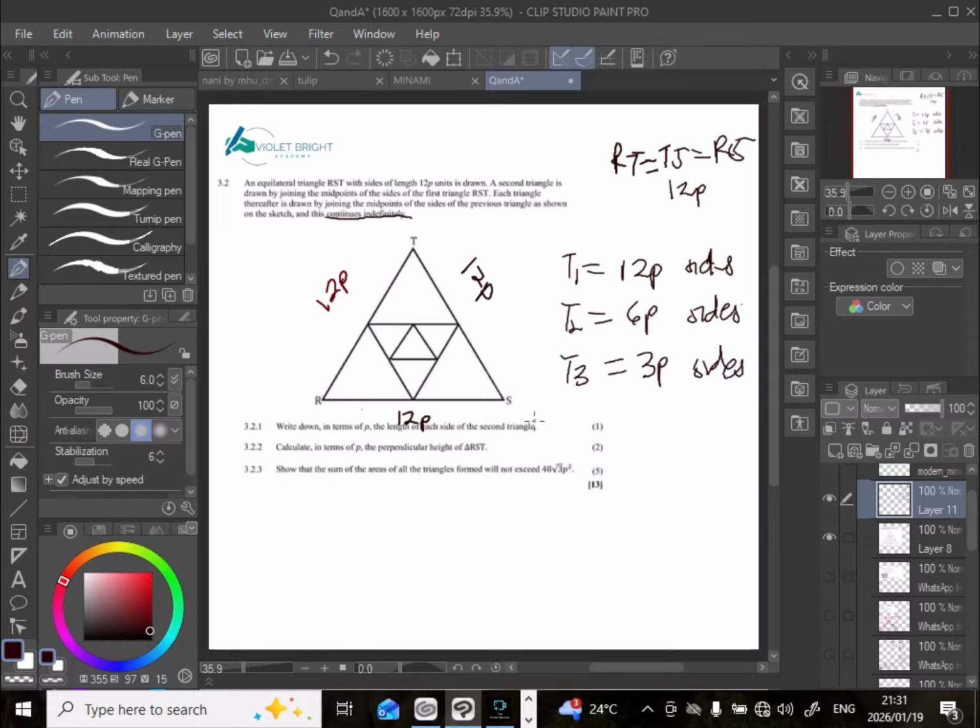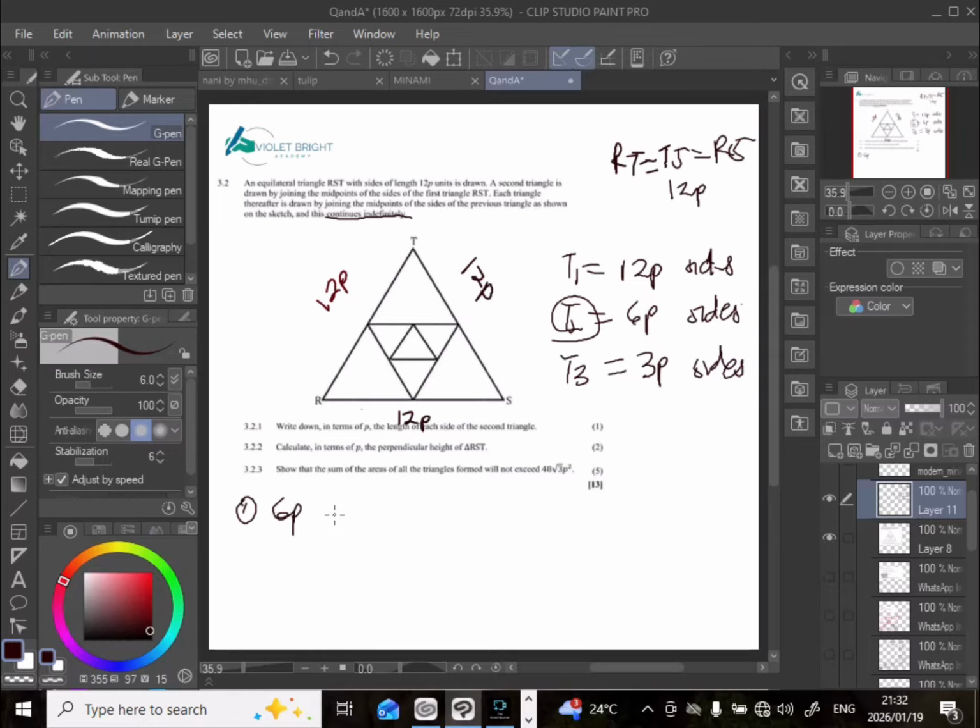Because the second triangle, from the midpoints, will make this and this and this an equilateral triangle, which means it will make this 6 and 6 and 6. So it's just 6p, the length of each side. Remember, it's an equilateral triangle, so you know it's 6p.